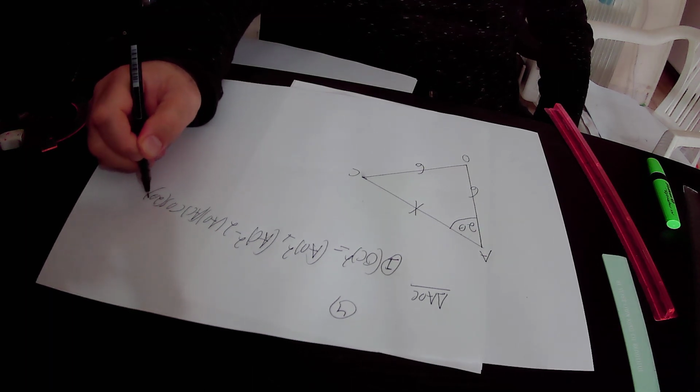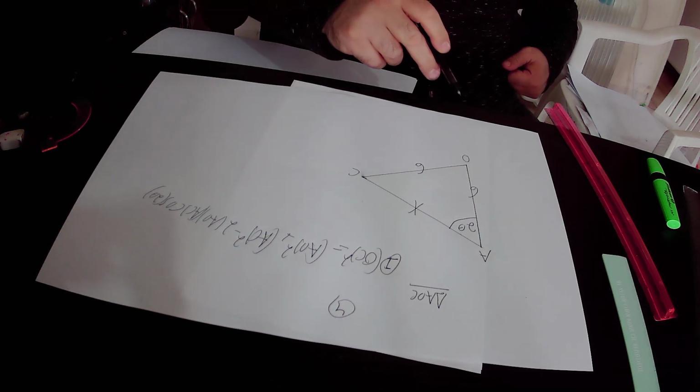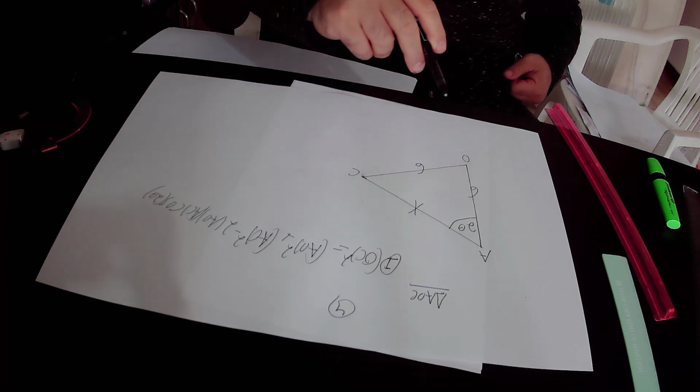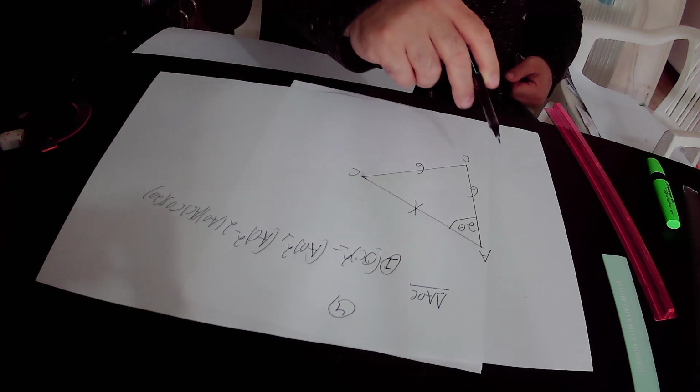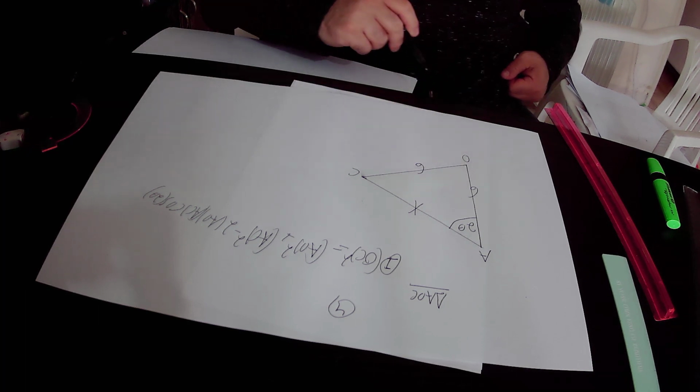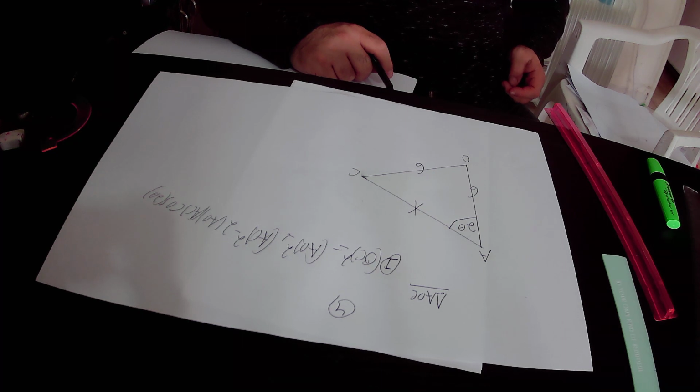Okay? Again, OC squared equals AO squared plus AC squared minus 2 times AO times AC times cosine 2 theta.